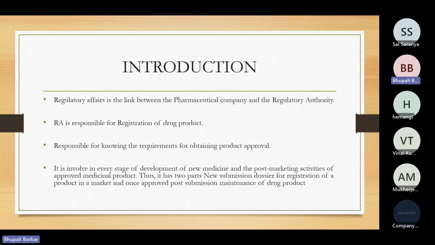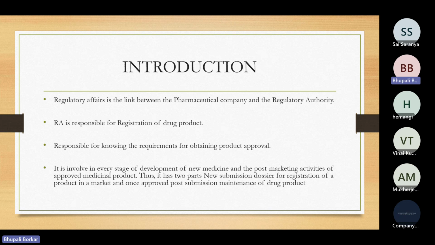It is involved in every stage of development of a new drug, new medicine, and post-marketing activities of an approved medicinal product. Thus we have two parts: new submission, and the other part is post submission.